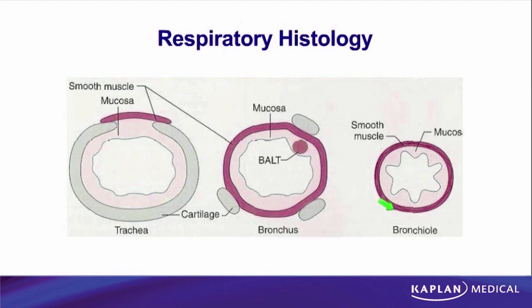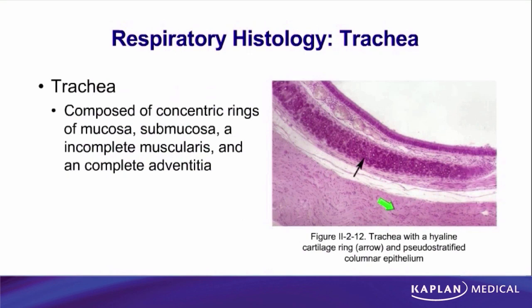So let's take a look at what that looks like histologically. Here we're looking at the trachea, and it's got several layers. It's got an innermost layer, which is the mucosa, and then outside of that there's a submucosa, which contains connective tissue and blood vessels.